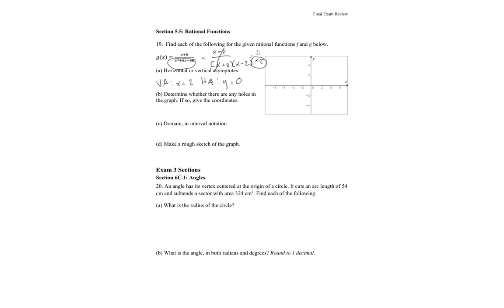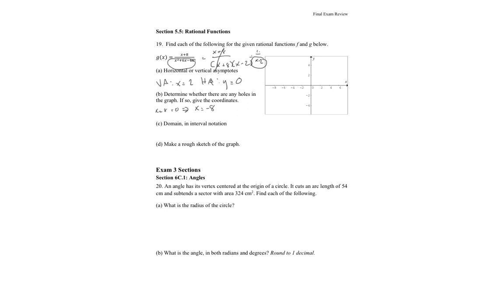For part B, it says to determine whether there are any holes in the graph. We said before that we can cross these x plus 8's out, right? But that doesn't get rid of them completely. That means we have a hole there, since we crossed them out. So at x plus 8 equals 0, or x equals negative 8, we're going to have a hole.